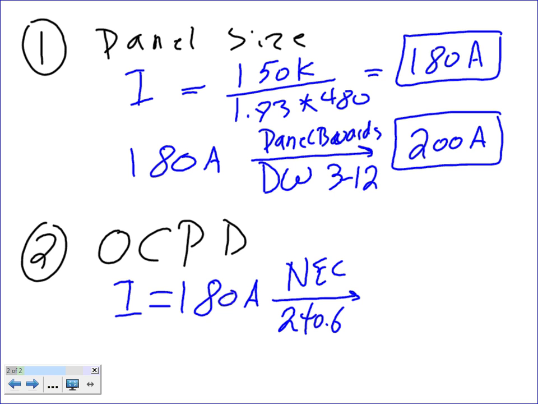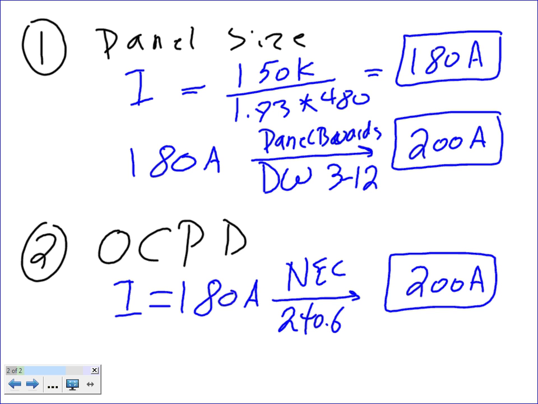What's the next standard? Do we have 190? No, so it's 200. So, perfect, 200 amp. We size it at 200 amp.